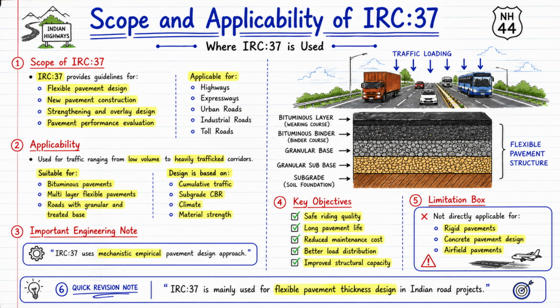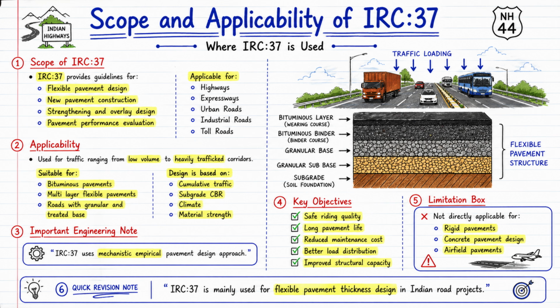Now let us look at the second big topic of the slide. Traffic applicability. It is written here: used for traffic ranging from low volume to heavily trafficked corridors. That means IRC 37 is not only for heavy highways. It can be used from low traffic roads to heavily trafficked highways.